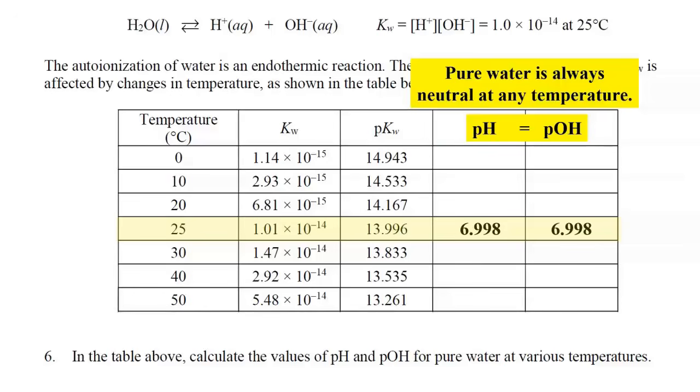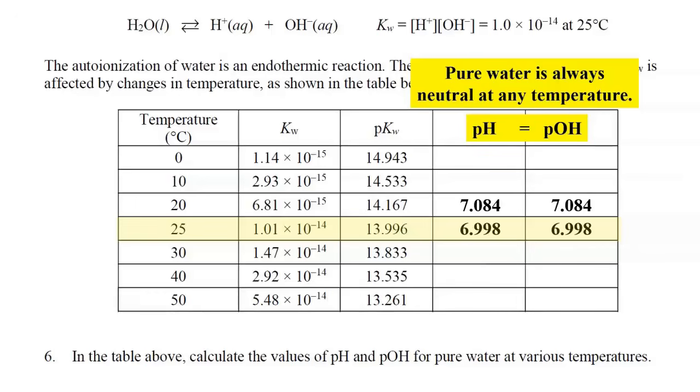Now watch what happens as we lower the temperature of water from 25 degrees Celsius to 20 degrees Celsius. Now the pKw is 14.167, so half of that value is 7.084. When we go down to 10 degrees Celsius, the pKw of pure, neutral water is 14.533.